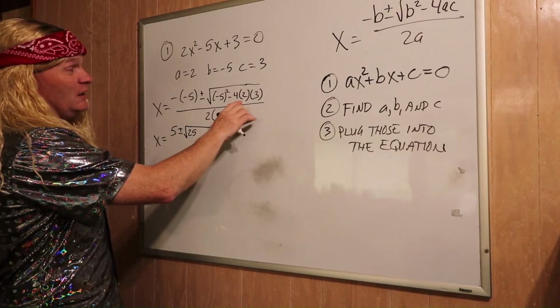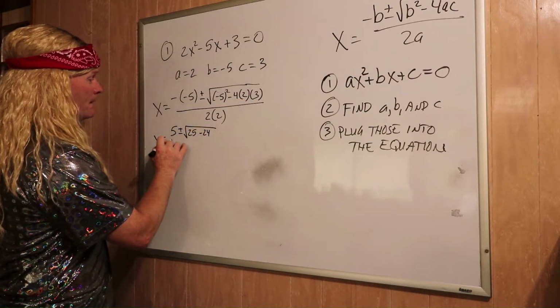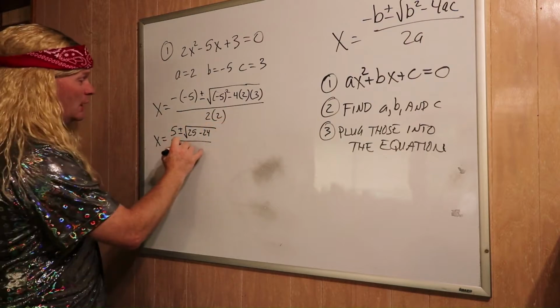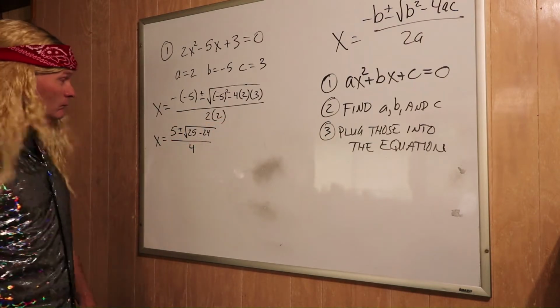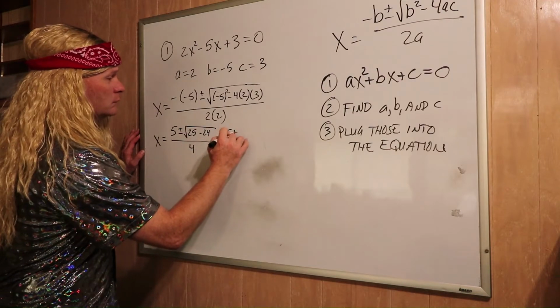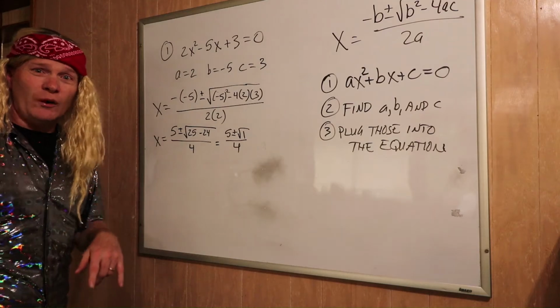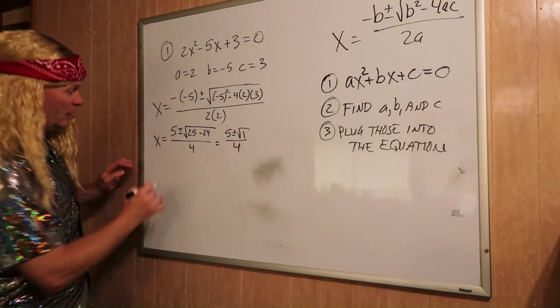So negative 8 times 3 is negative 24. And then on the bottom, 2 times 2 is 4. Okay, let's see. 25 minus 24 is 1. And what is the square root of 1? It's 1, right?